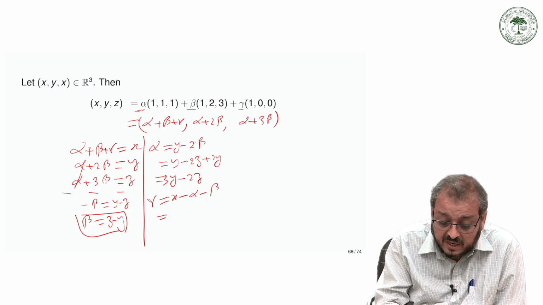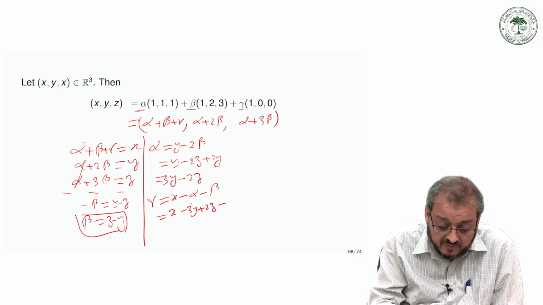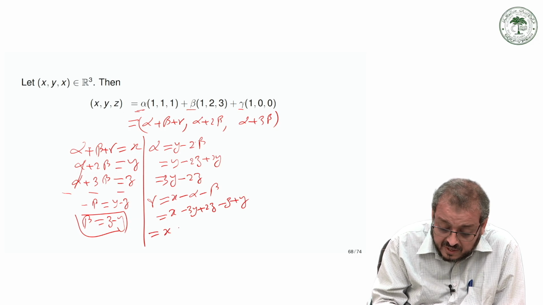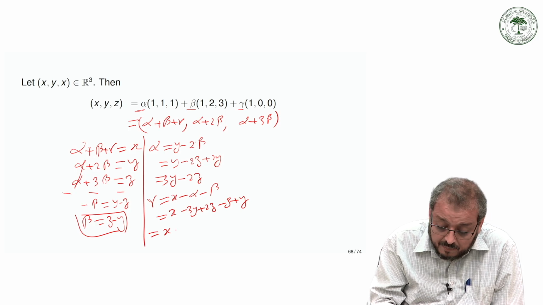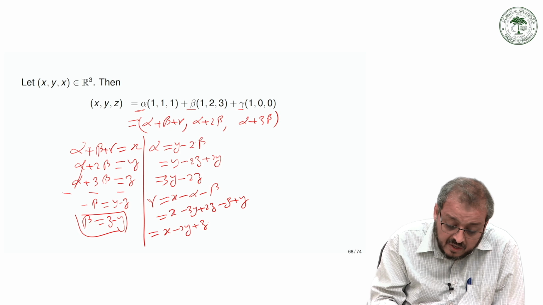So x is x as it is. Alpha is equal to minus 3y plus 2z, and beta is equal to minus z plus y. So this can be written as x minus 2y plus z. So this is gamma.